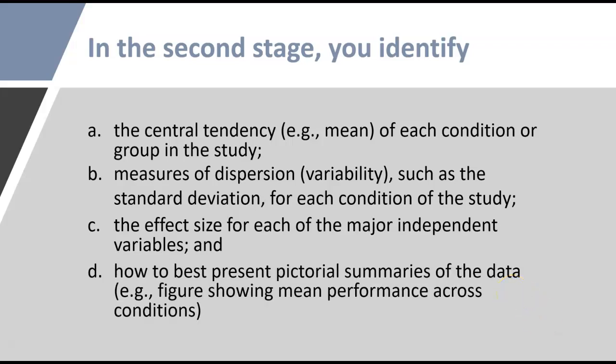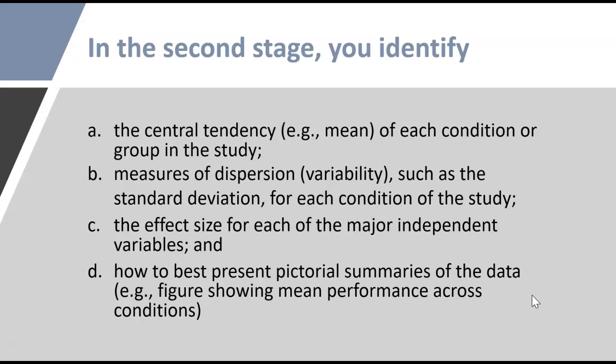And then in this second stage, you might also want to have pictorial summaries of the data if it's useful to your reader for understanding the story that you're telling about your data. For example, if it's useful to your reader, you might want to present a histogram. If it's useful to your reader and you have correlational data, you might want to present a scatter plot. It really depends on the context and the message that you need to send.